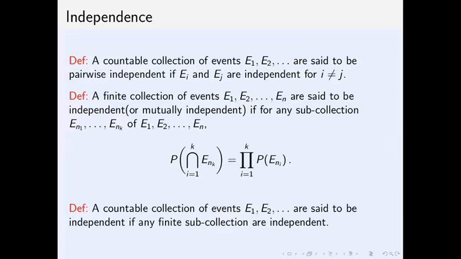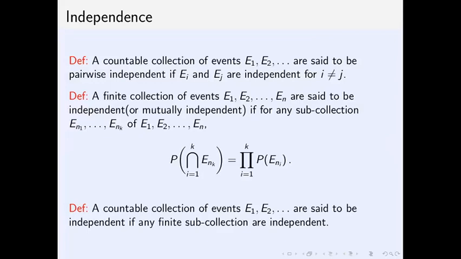Now, complete independence or mutual independence, we first define it for the finite collection of events. For a finite collection of events, it is defined by saying that if I take any subcollection of events from the finite collection of events E1 to En, and I can write that the probability of the intersection of all the events in the subcollection is the same as the product of the probabilities, then we say that the finite collection of events E1 to En are independent.